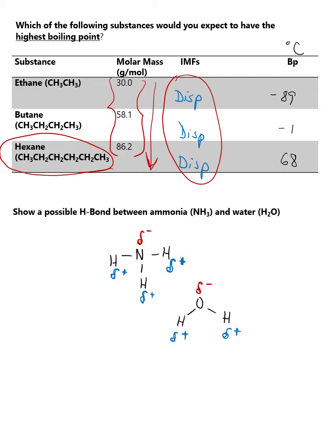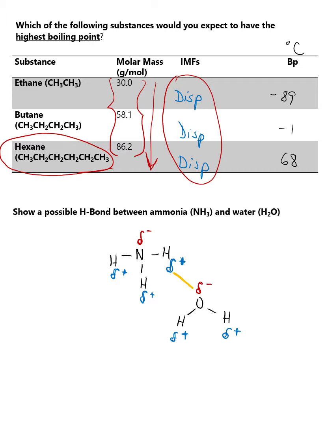You have a delta positive in that hydrogen for NH3, you have a delta negative in the oxygen in your water molecule. That line right there represents a hydrogen bond. It's a hydrogen bond connecting two different molecules, one for NH3, one for H2O.